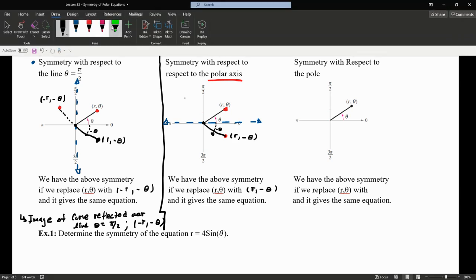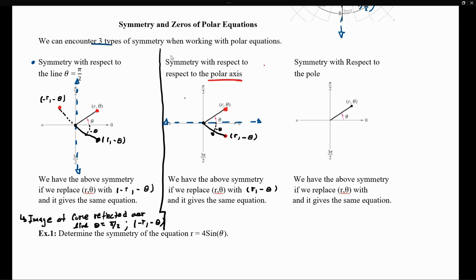The third type of symmetry that we do have when it comes to polar coordinates is the symmetry that we call with respect to the pole. Now, what do we mean by the pole? Well, the pole, in some sense, is the origin, or where my line theta equals pi over 2 and the polar axis intersect exactly at the origin.